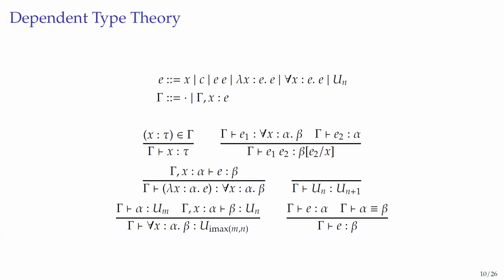So this is my recall DTT slide. I think I can definitely assume that everyone here either knows or pretends to know what's on this slide. The only thing that feels maybe a little bit unfamiliar here is that Lean uses this imax function for calculating the universe level of a pi.